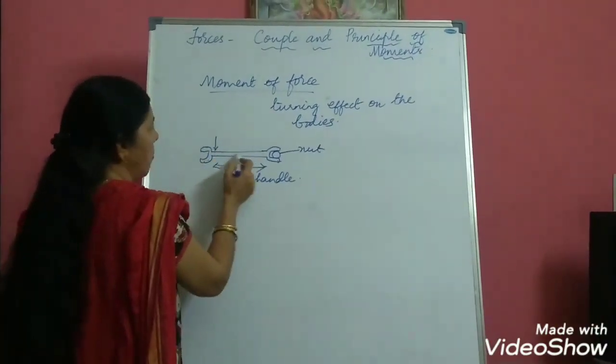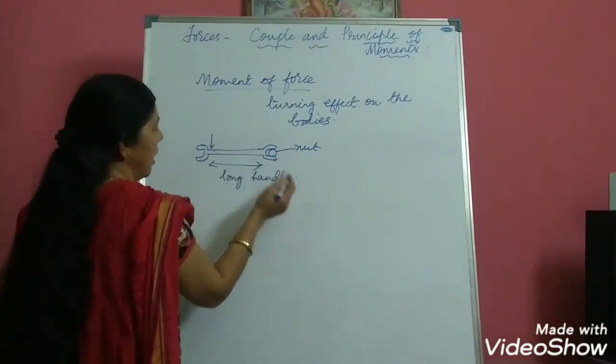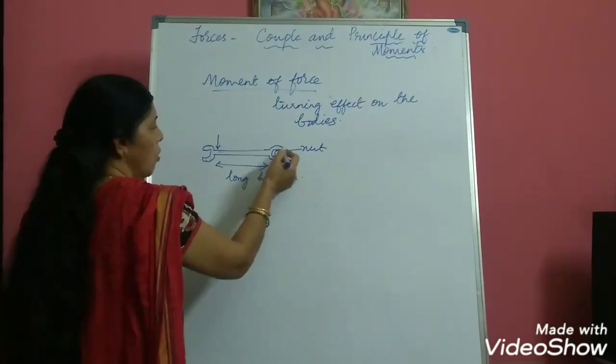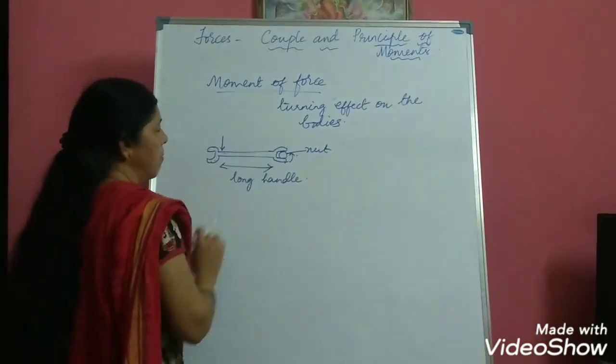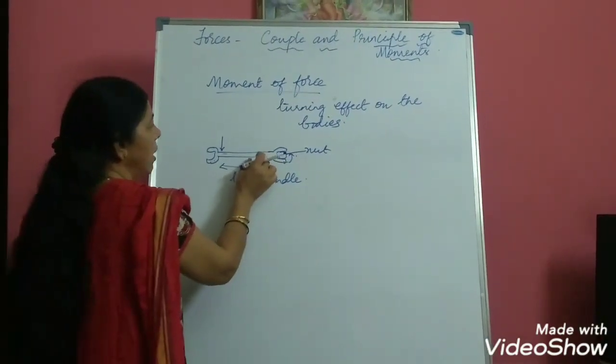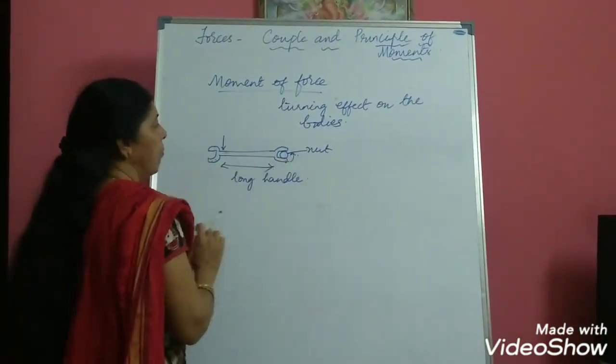So, as this perpendicular distance increases, the turning effect on the nut will also be more. This is one example of moment of force, which is nothing but turning effect on the body.